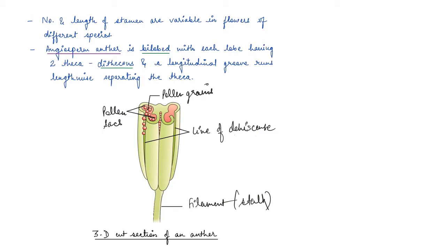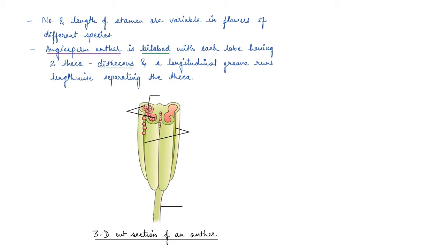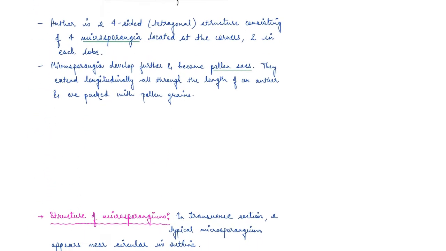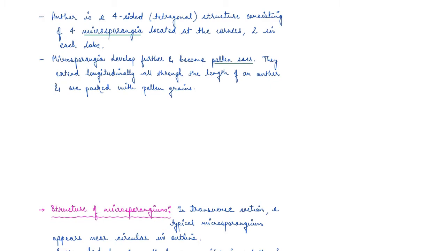Okay, so if we see that the anther is a four-sided tetragonal structure, right? And it consists of four microsporangia, which are basically located at the corners, two in each lobe. Now, these microsporangia develop and become pollen sacs, okay?